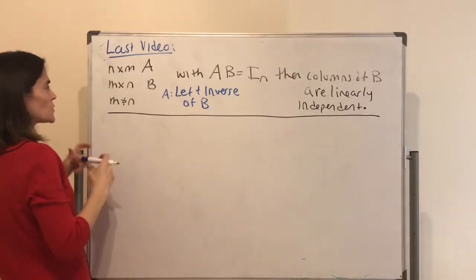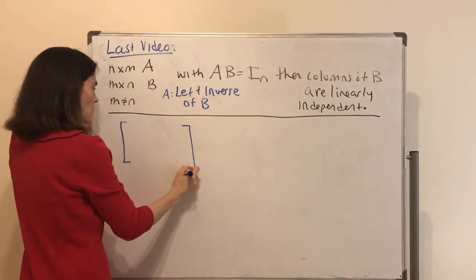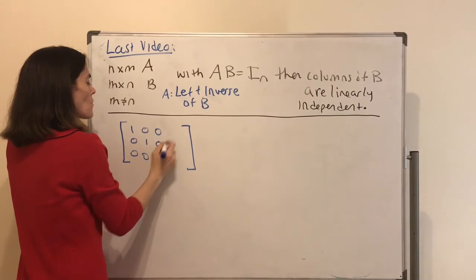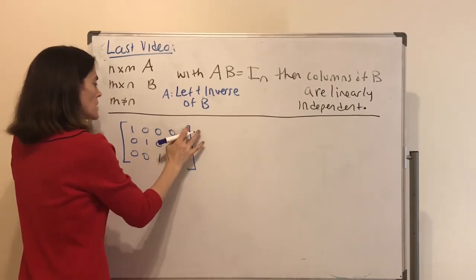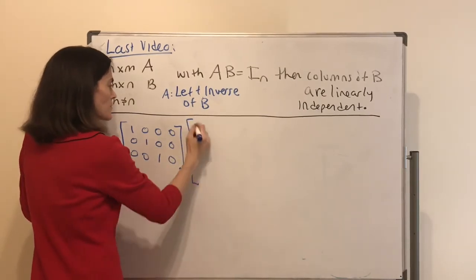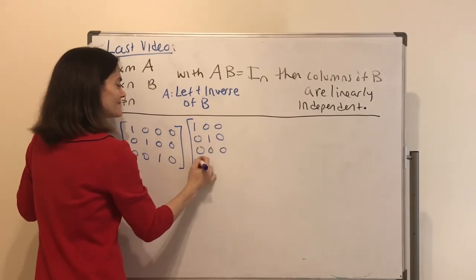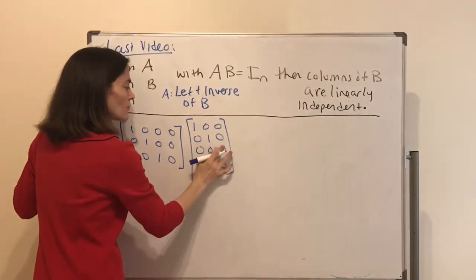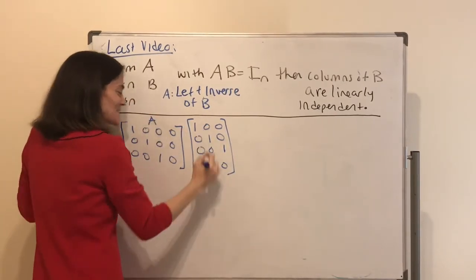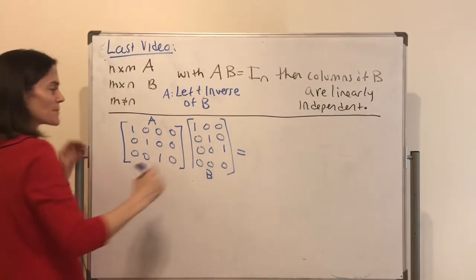Okay, well, let's do an example of when this could work. Let's take something simple, perhaps. Okay, so here A is going to be 3 by 4, and B will be 4 by 3. Here's A, and here's B. And what do we get when we multiply? Well, definitely we get something 3 by 3.